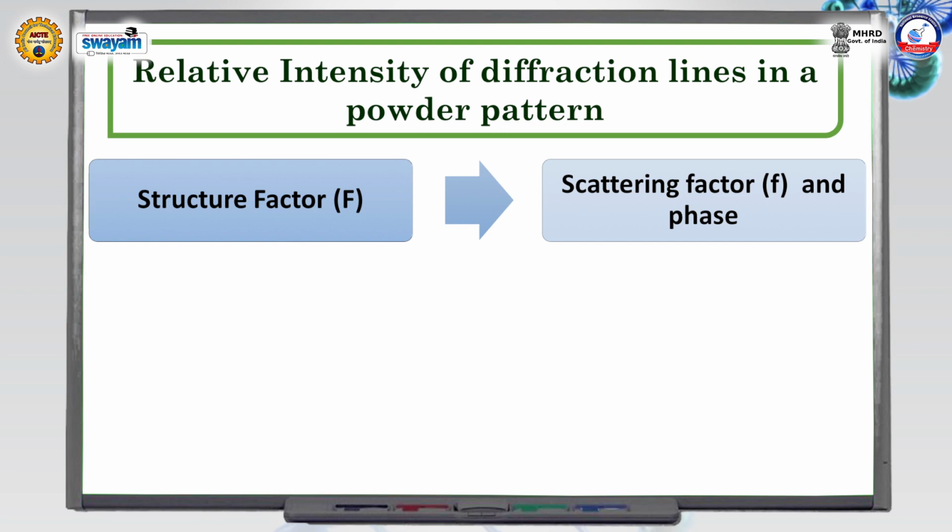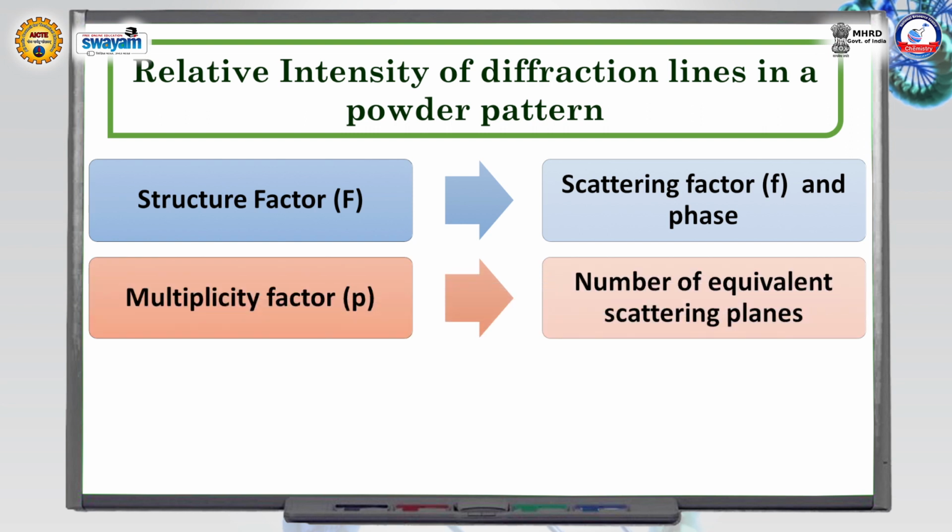The intensity is important, and if you want very quantitative values of intensity to be compared to find the structure and atomic positions, then you really need to know these things very accurately. So, the structure factor, the scattering factor, and there is a multiplicity factor which is related to the number of equivalent scattering planes in a powder X-ray diffraction pattern.